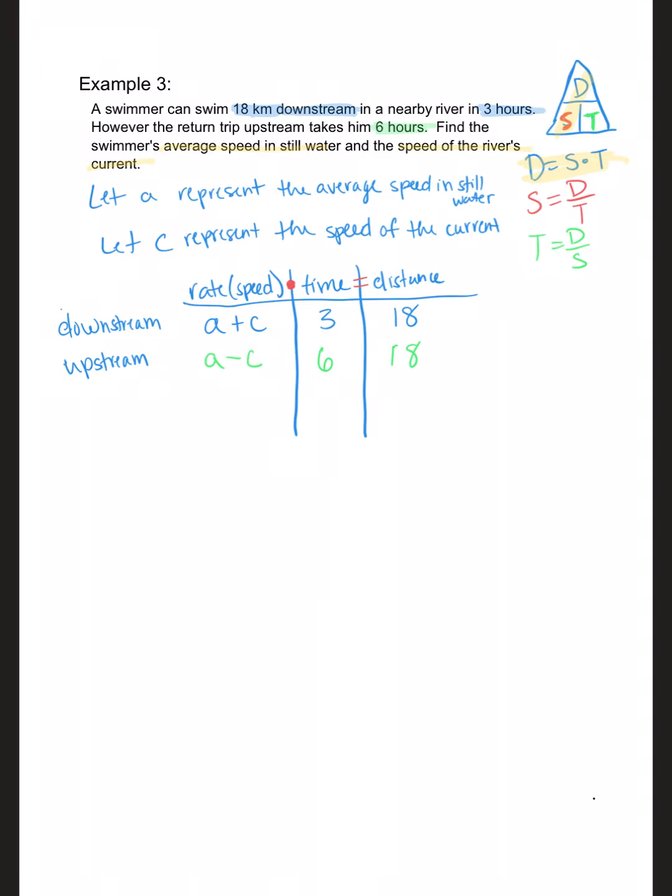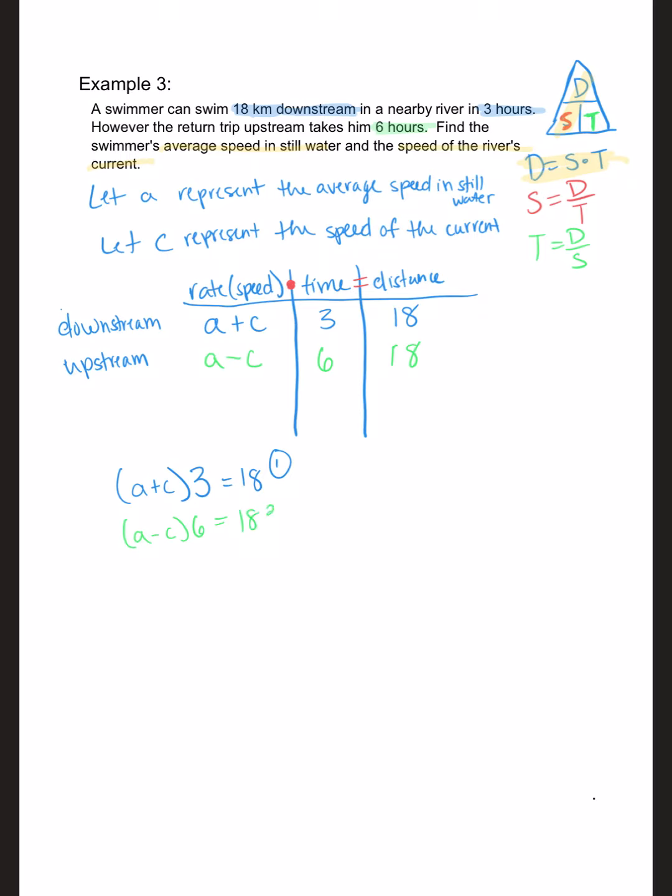This table is essentially what we're going to use to set up our equations. We know that rate times time equals distance. So we'll put our rate here first: our rate times time is going to equal our distance, which is 18 kilometers. Equation 2 is going to be the same thing: our rate, which is a minus c, times 6 equals 18 kilometers.